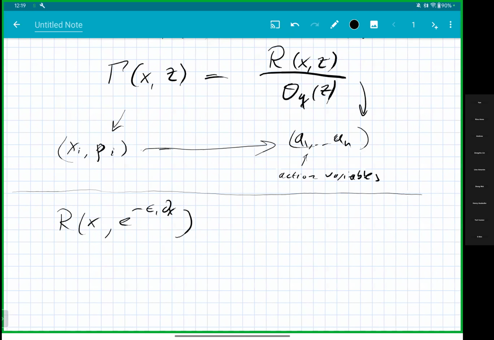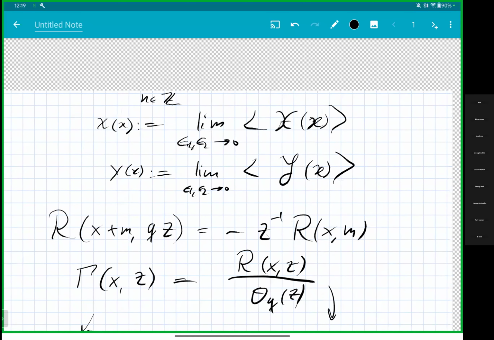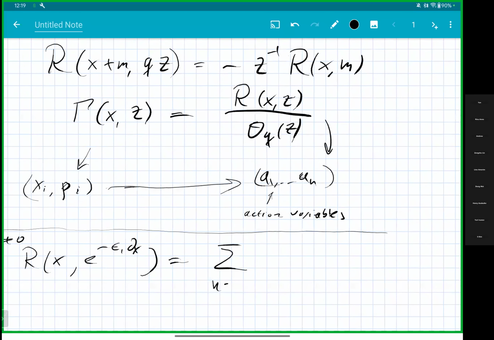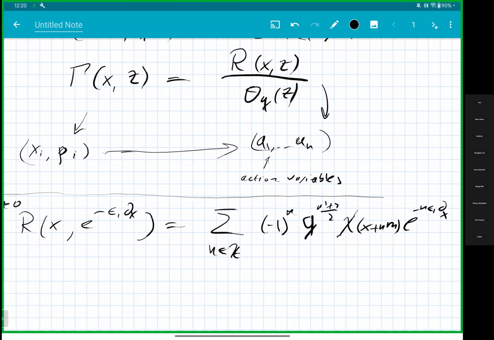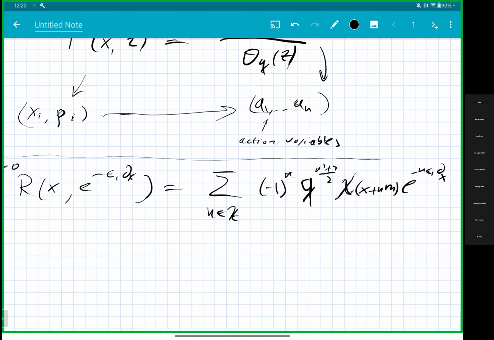So if we keep epsilon 1 non-zero, we'll have the formula, yeah, the same thing, with big I. Here the big I means just the same thing, the limit of this curly I, but with epsilon 2 goes to 0, epsilon 1 finite. And here the ordering is correct.